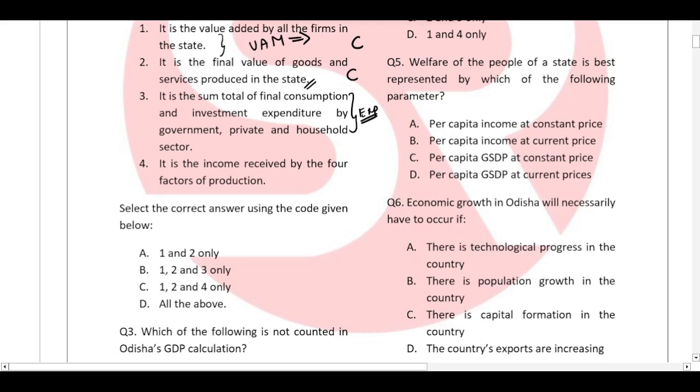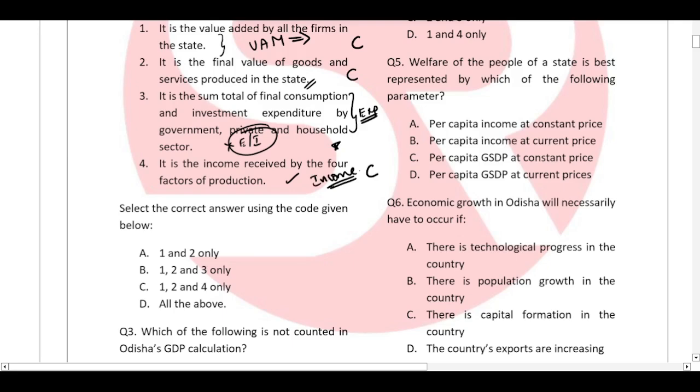But in this statement, there is no mention about exports or imports. So this is incomplete even though it is partially correct. So let us keep it on hold for now. And the fourth statement says that it is the income received by the four factors of production. So GDP through the income approach is the income received by the four factors of production. So that is also correct.